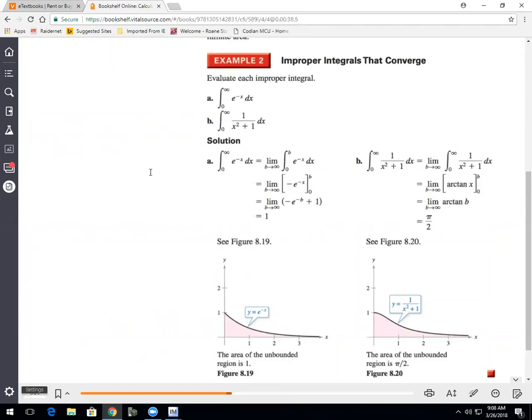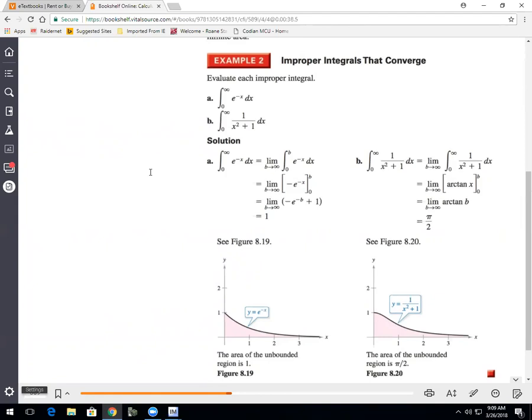And the same thing here. This has a horizontal asymptote at 0. The graph's going to keep getting shorter and shorter as we go forever to the right, but it is going to go forever to the right. Yet when we use the definition to change the integral, that's a typo actually, that should be the integral from 0 to b, the limit as b goes to infinity.